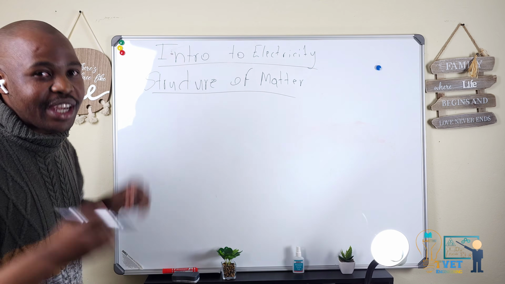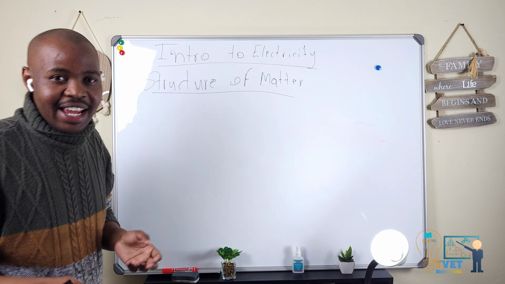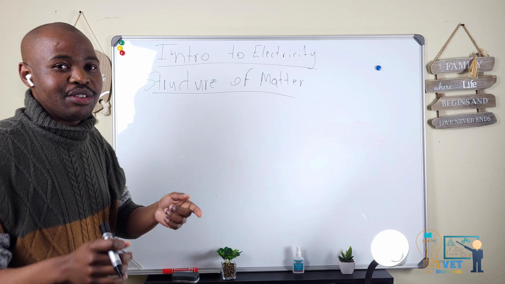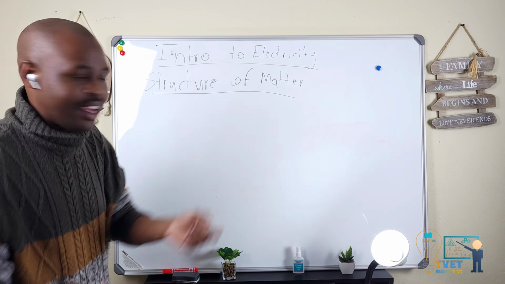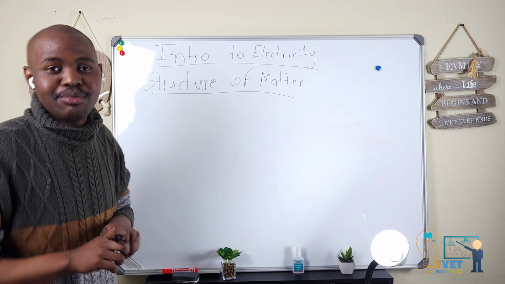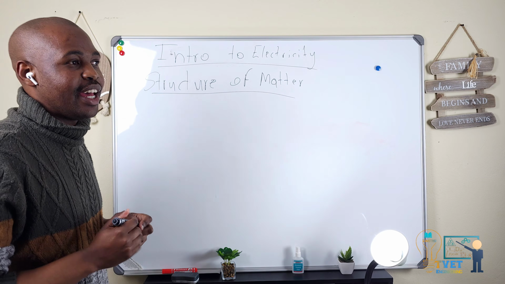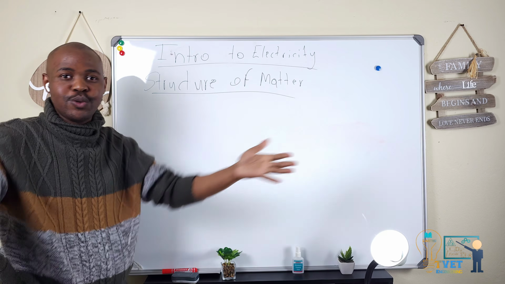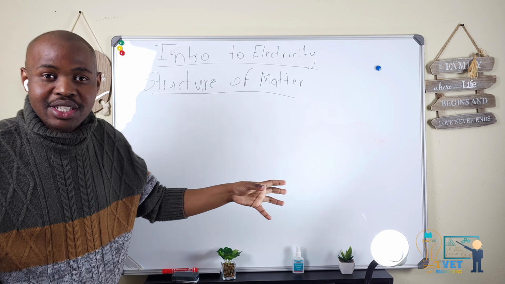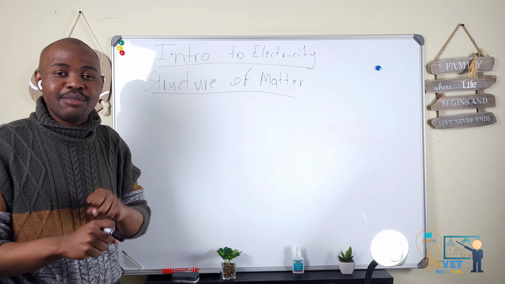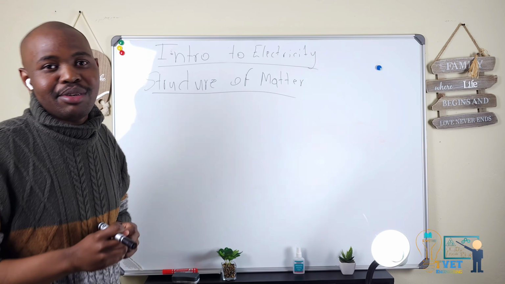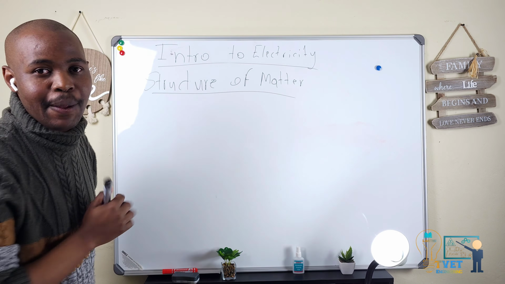That is why we cannot see electricity, but we can only experience or see its effect. For example, light. Electricity can produce light, motion, sound, or heat. We can only see its effect, but we cannot see electricity.